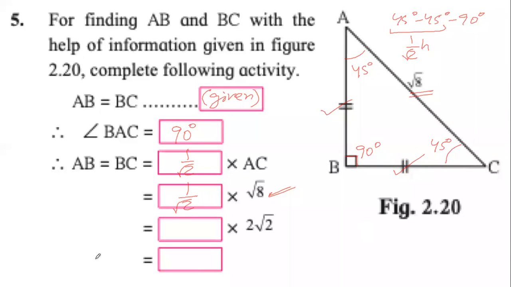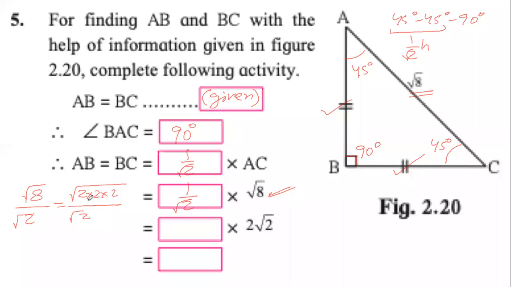Now something funny is happening from this step to the next step. What has happened here is that the person is trying to solve square root of 8 divided by square root of 2. And the way this person is solving is, 8 can be written as 2 into 2 into 2. So this is square root of 2 into 2 into 2 by square root of 2.